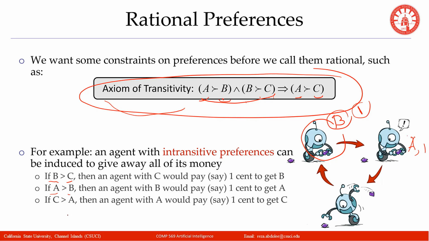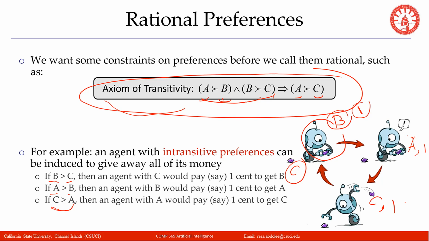So your agent may prefer C over A, therefore it's going to exchange A with C and basically pay 1 cent. So right now, at this point, the agent had C, right?